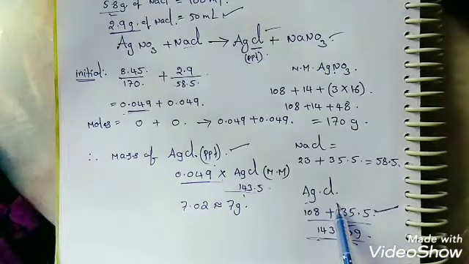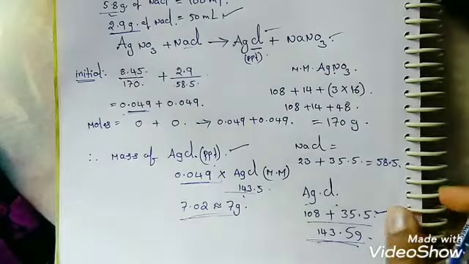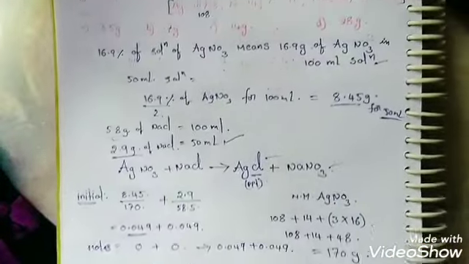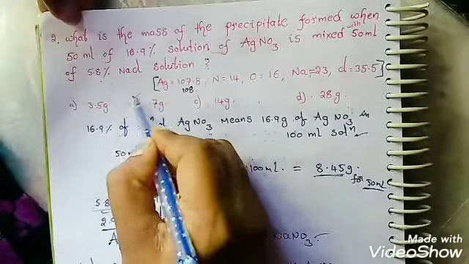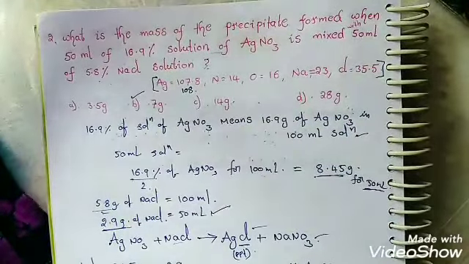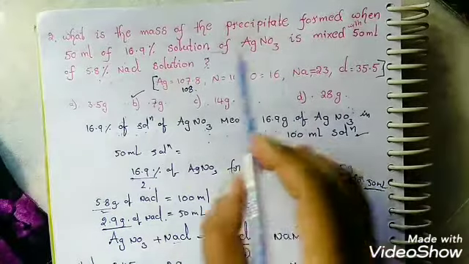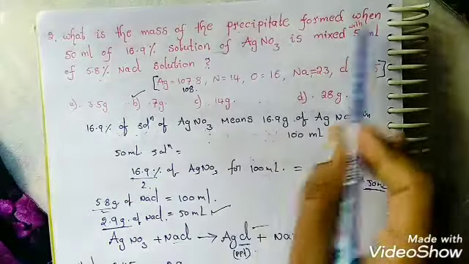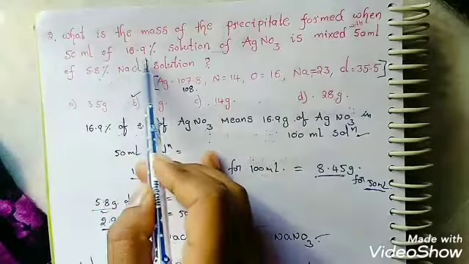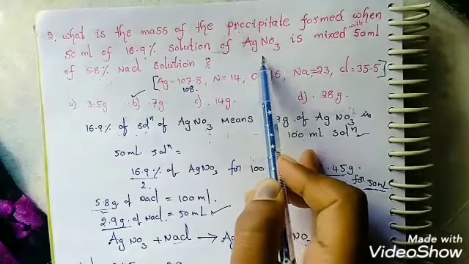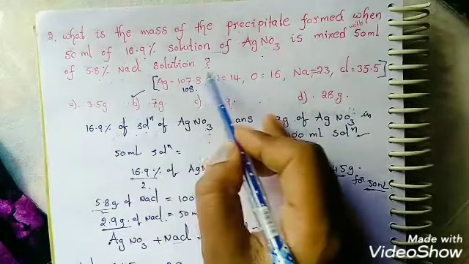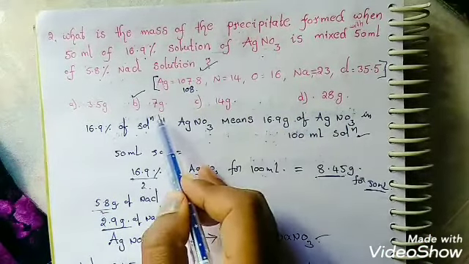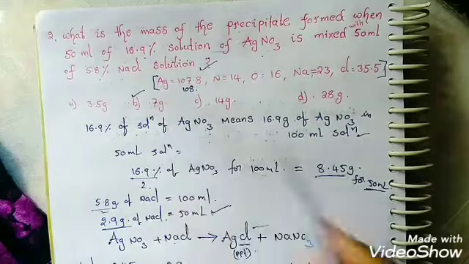Then the final answer is 7 grams, option B. Option B, 7 grams is the correct answer. So the mass of the precipitate formed when 50 ml of 16.9% AgNO3 solution is mixed with 50 ml of 5.8% NaCl solution is 7 grams.